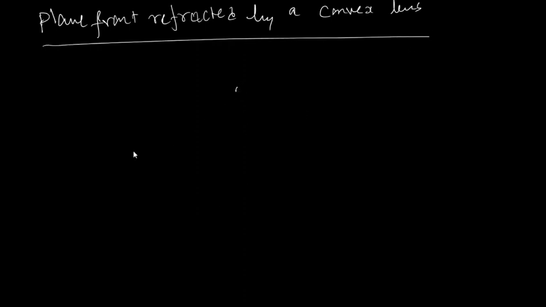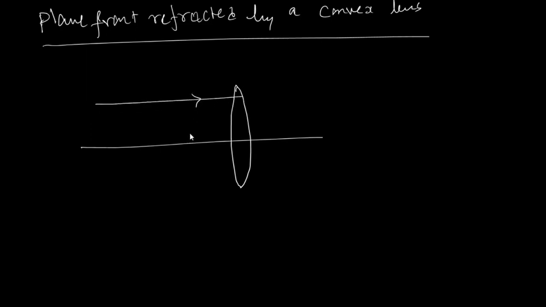So always draw the principal axis first and the convex lens. Now draw a parallel beam of light like this. Okay, so this is the incident wavefront.